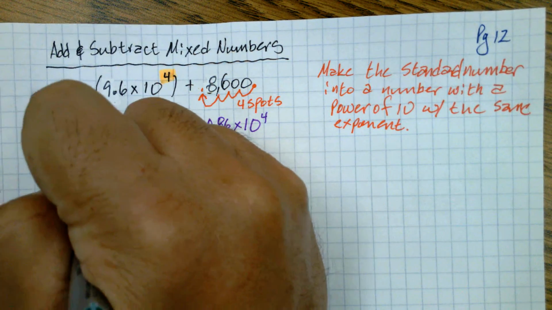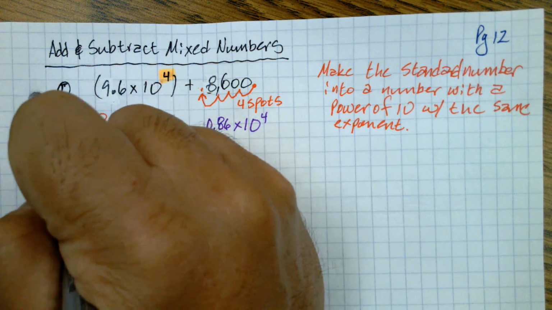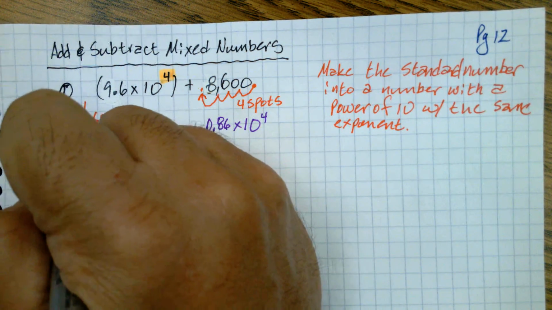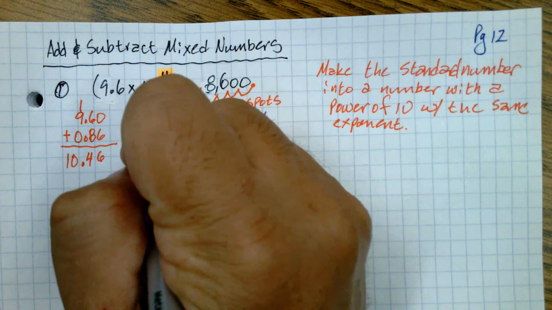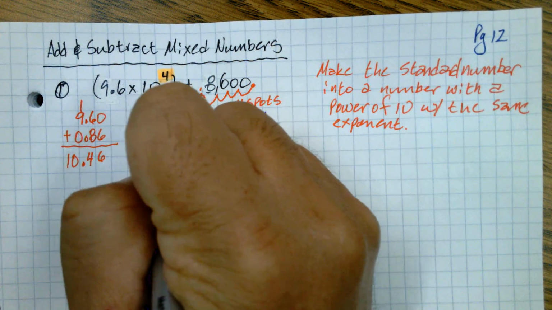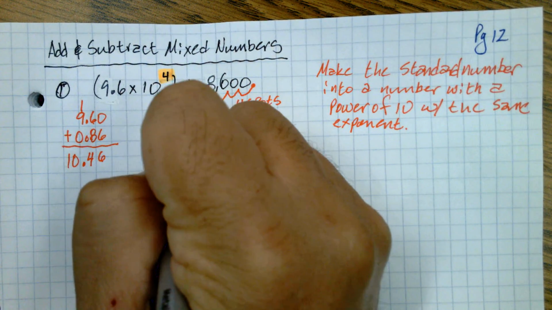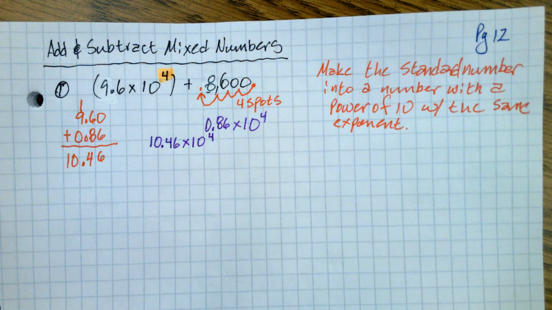That's 14, carry 1. Bring down the decimal. That's 10. 10.46. So my answer, or at least what I'm going to write for right now, 10.46 times 10 to the 4th power.